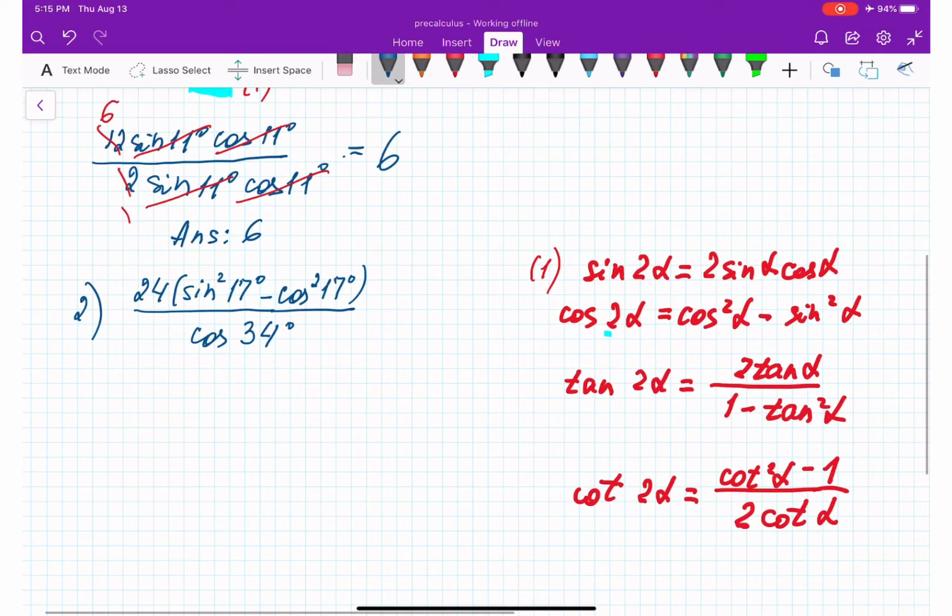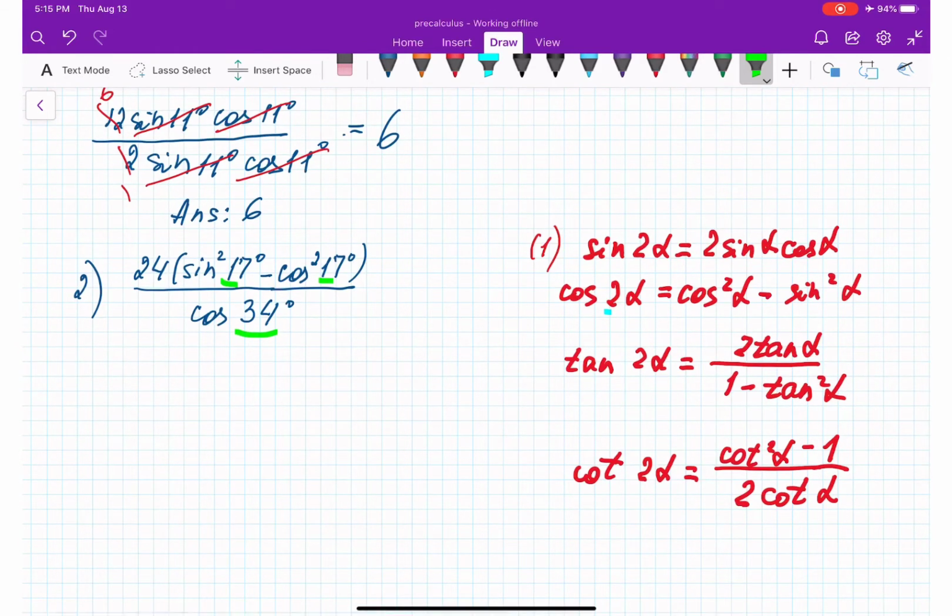Okay, yet again we have 17 degrees in the numerator and 34, a double angle, in the denominator.